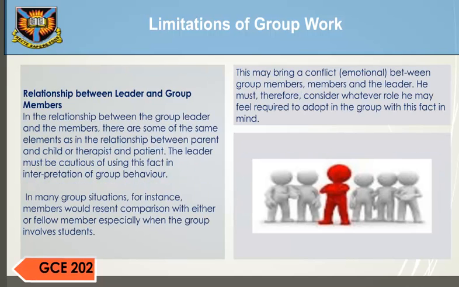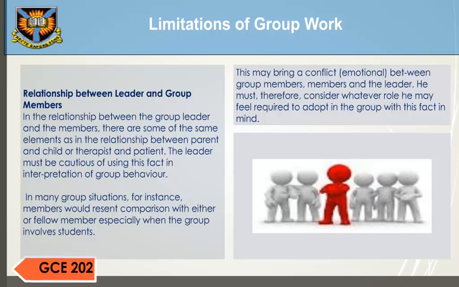Relationship between leader and group members. In a relationship between the group leader and the members, there are some of the same elements as in the relationship between parent and child or therapist and patient. The leader must be cautious of using this fact in interpretation of group behavior.